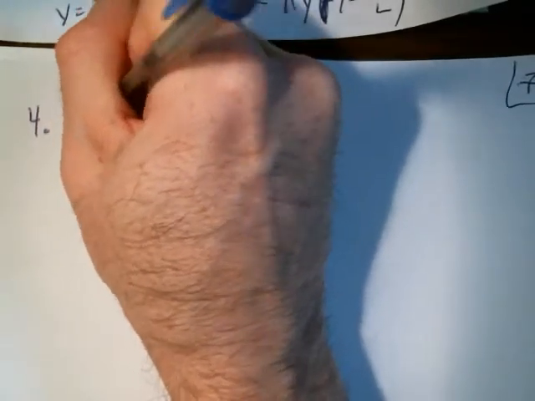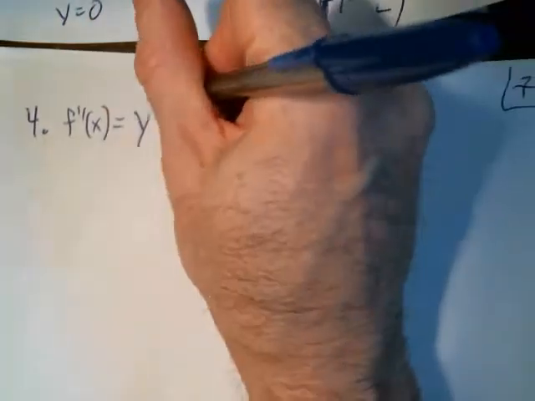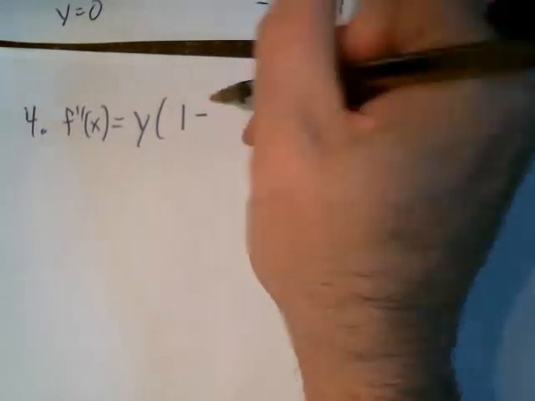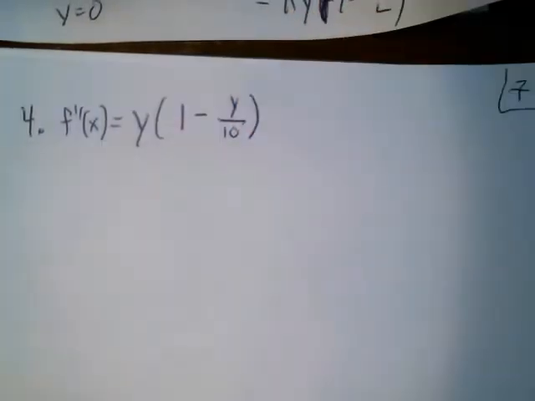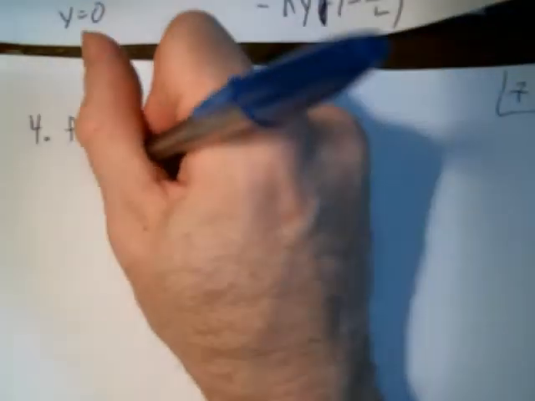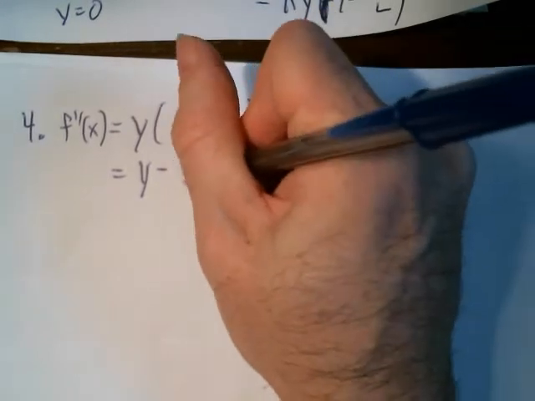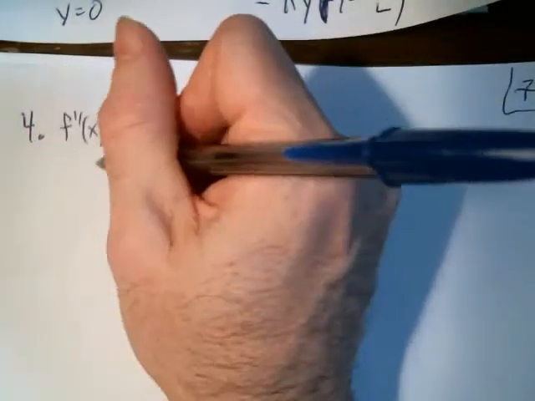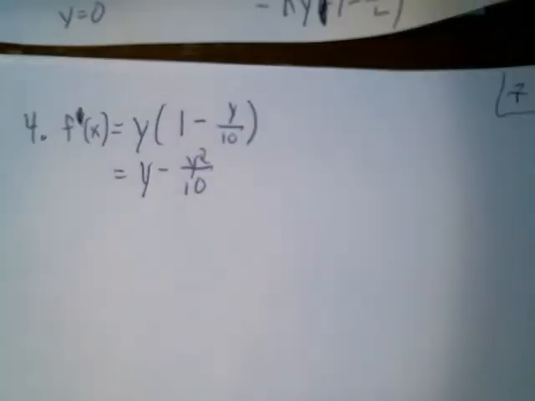Okay, so I know y prime is equal to y times 1 minus y all over 10. And then I can rewrite this as y minus y squared all over 10, and then take its derivative. So this is actually the first derivative, and I want to take the derivative of that.